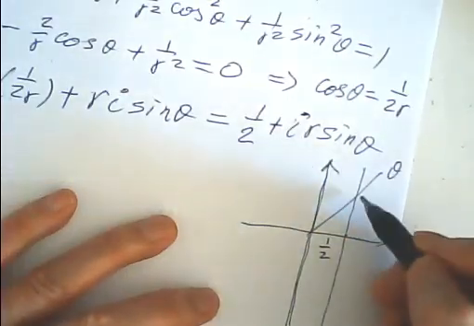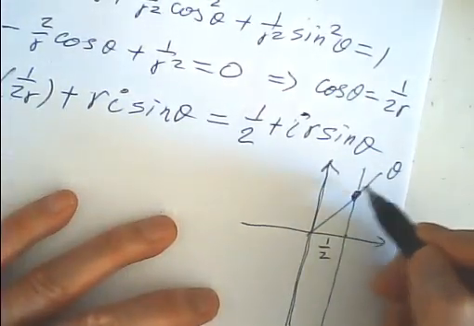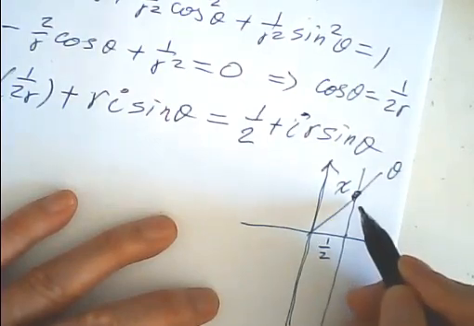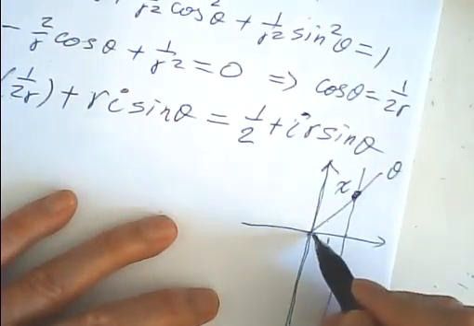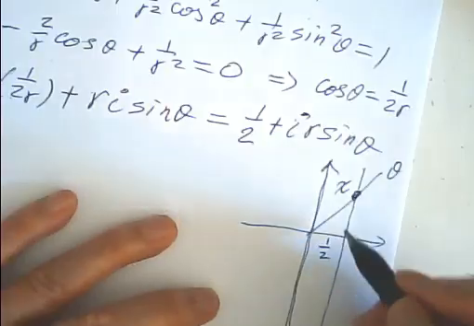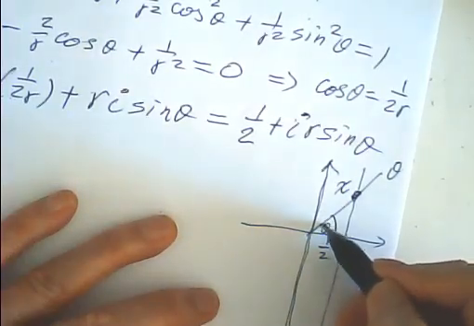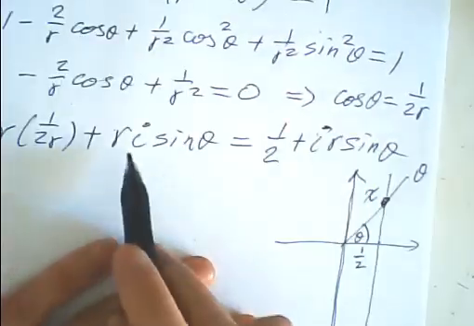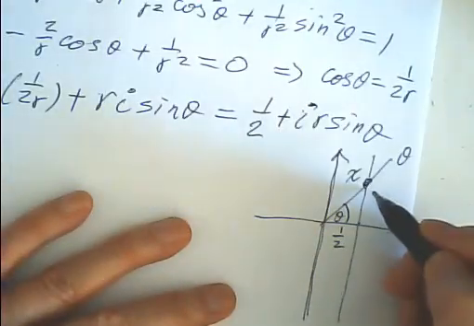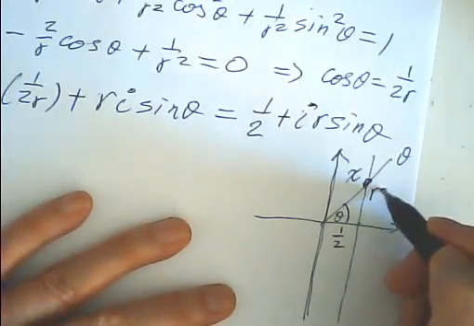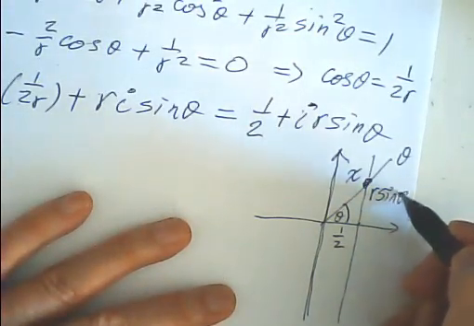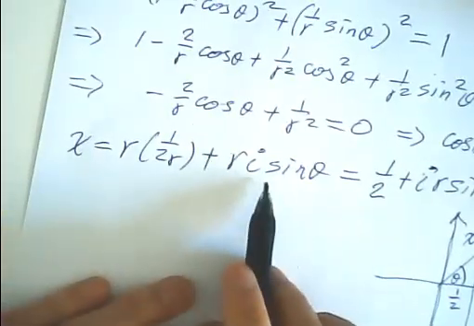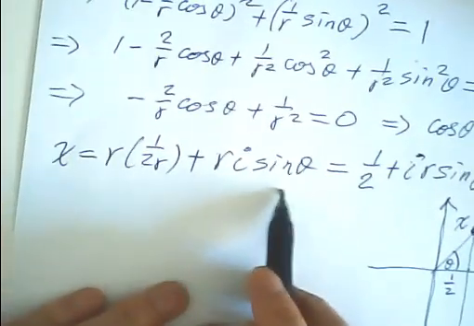This is x. X is a complex number. Its real part is half. This is theta, right? Therefore, this is what? This is r times sine theta. That's exactly my imaginary part, r times sine theta.